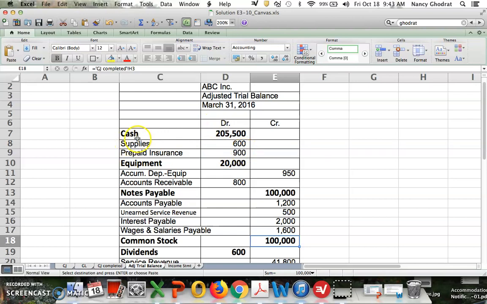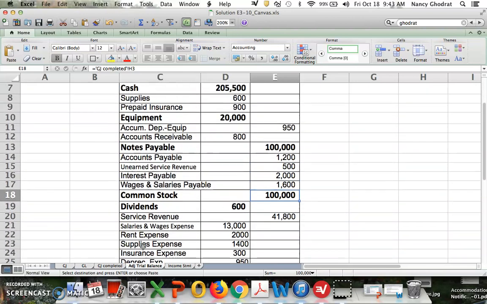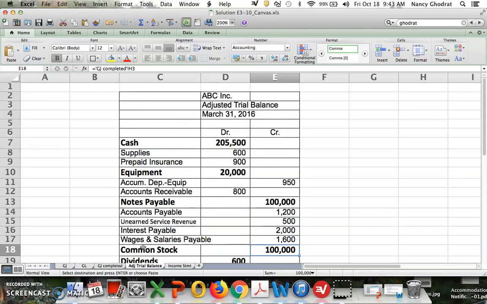And even though cash or equipment or notes payable, the items that I bolded, did not get adjusted at all during our adjusting entry process, you still need to show them in the adjusted trial balance. Otherwise, when you go to prepare your financial statements, you don't have all the information, because we use the adjusted trial balance report to prepare our financial statements.